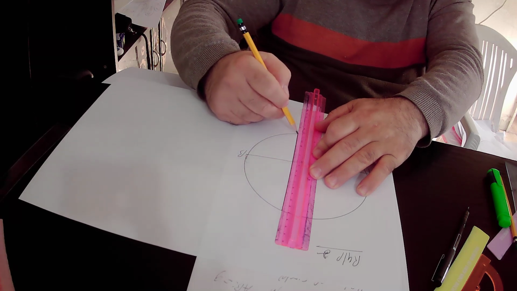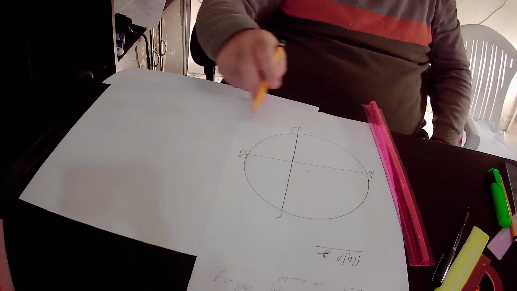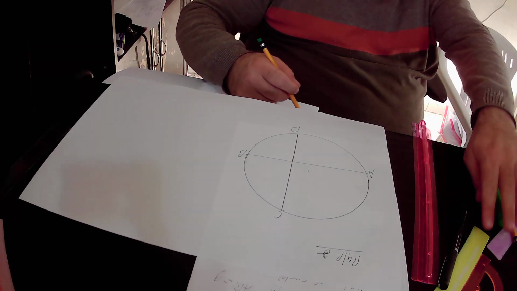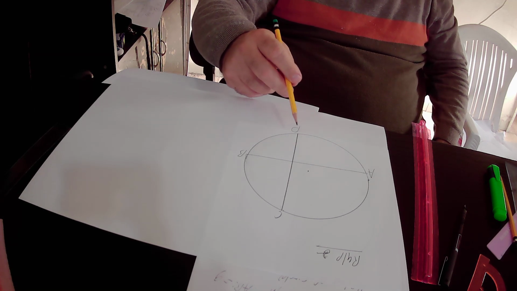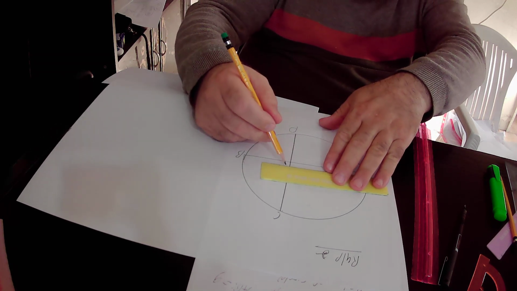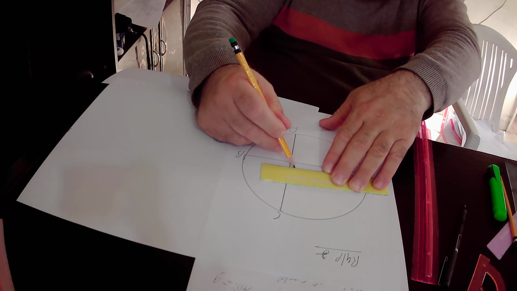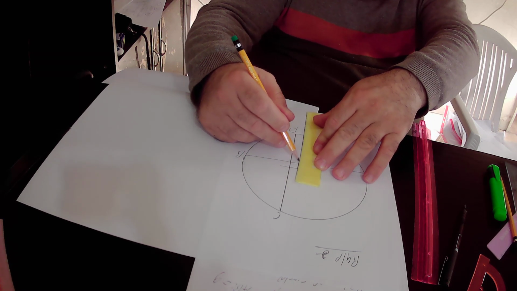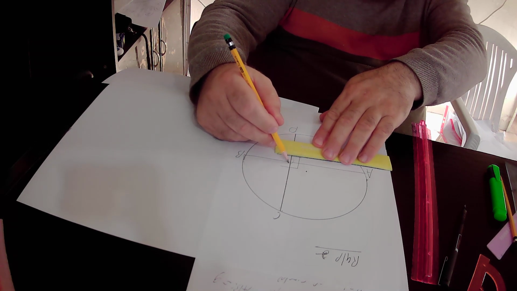This is chord CD. I repeat again, chord AB intersects with chord CD at 90 degrees. Okay? So at the intersection point, they create between them an angle of 90 degrees. We define the intersection point as point O.